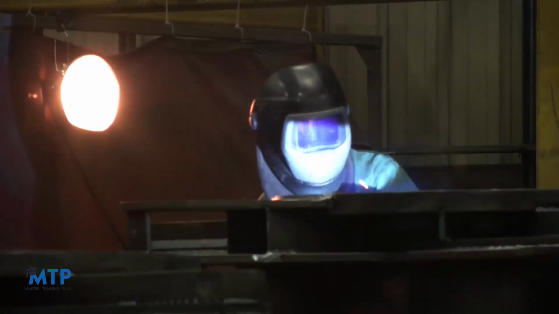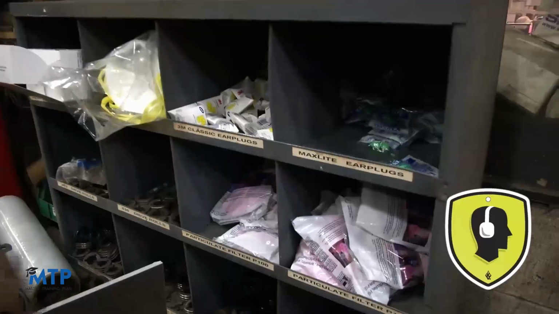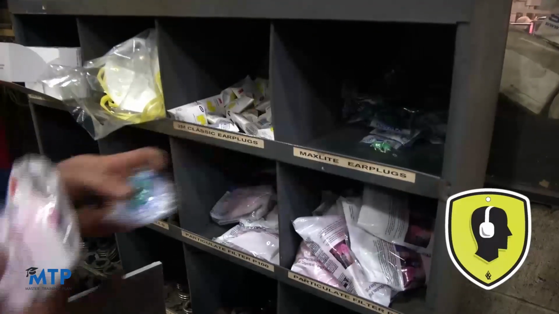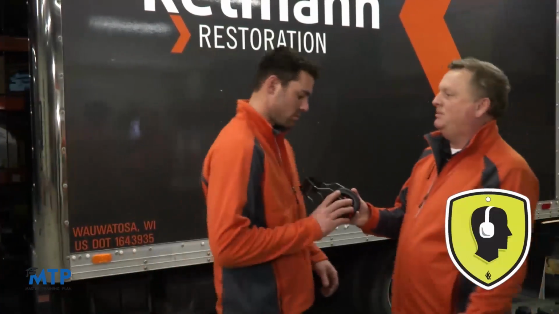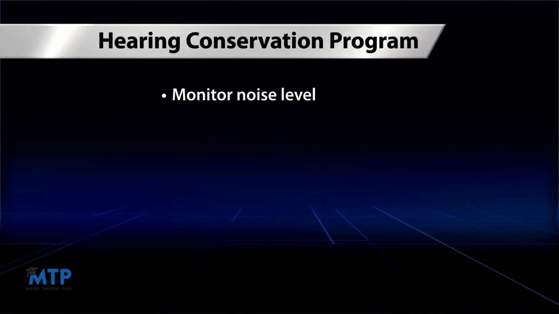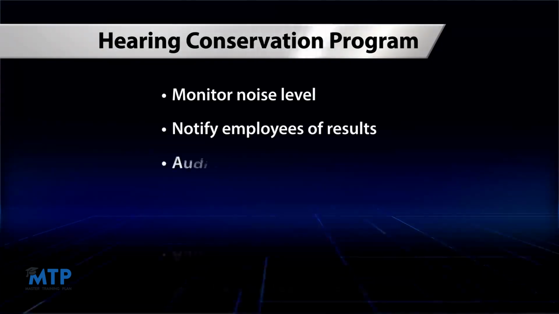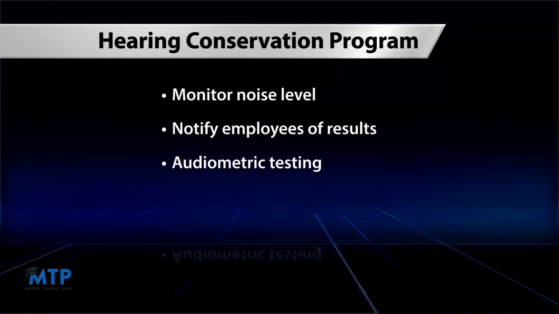If you're exposed to noise levels of 85 decibels or above, your employer is required by OSHA to reduce the noise level, provide you with the proper hearing protection, and implement a hearing conservation program. That program will include monitoring the noise level, notifying employees of the monitoring results, and audiometric testing of your hearing.